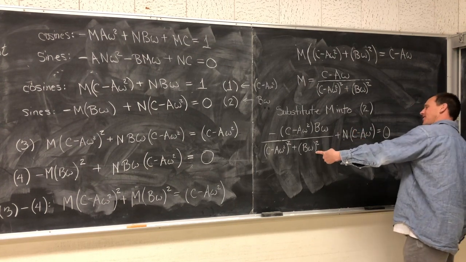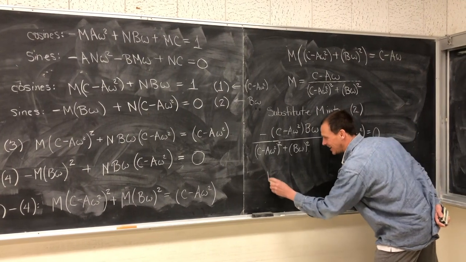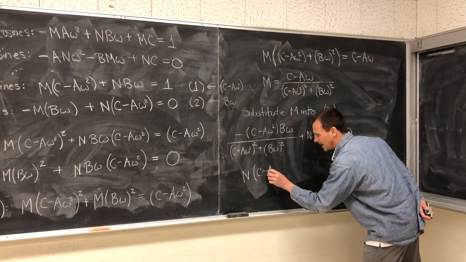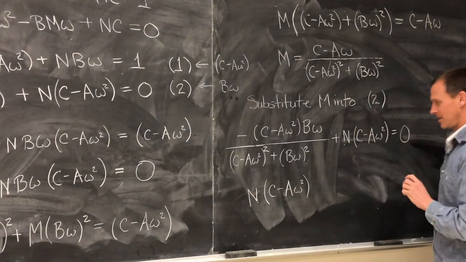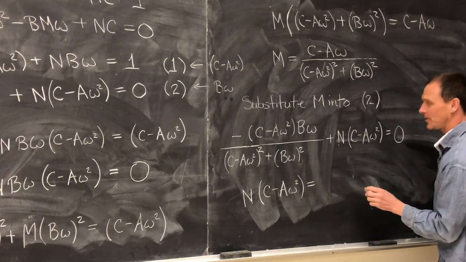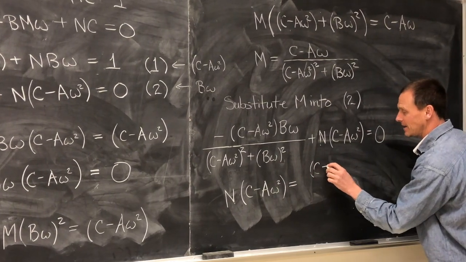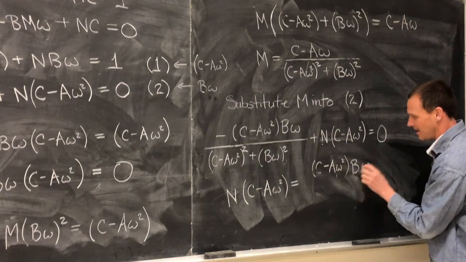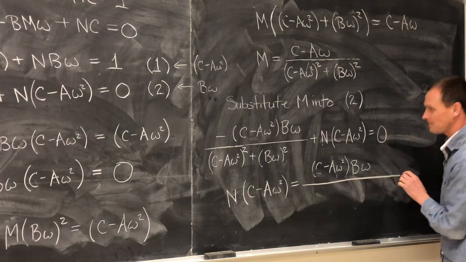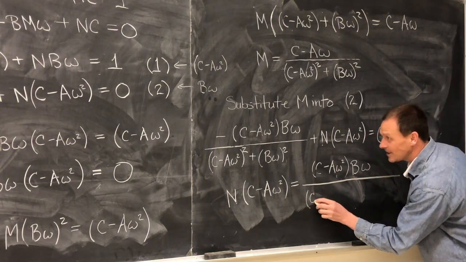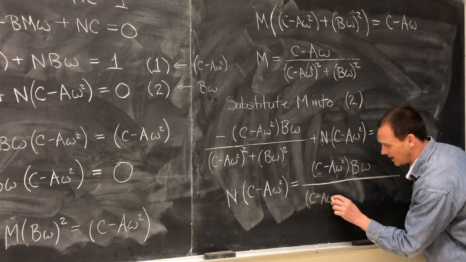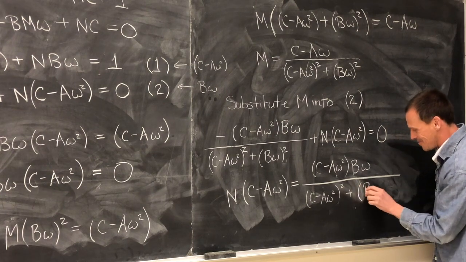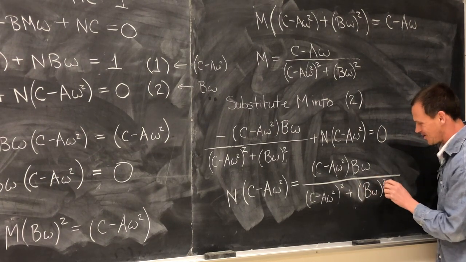N, we're going to move this term over to the other side. So I have N times (C minus A omega squared) equals (C minus A omega squared) B omega over this denominator, (C minus A omega squared) plus (B omega) squared.